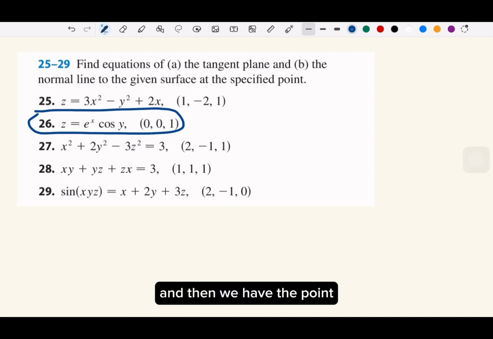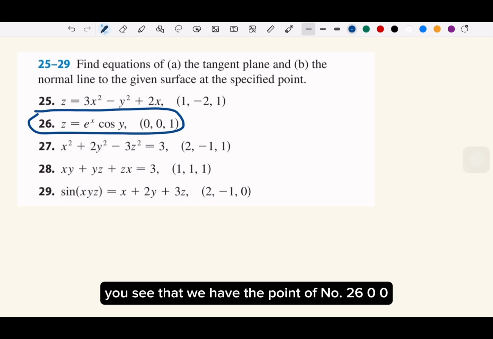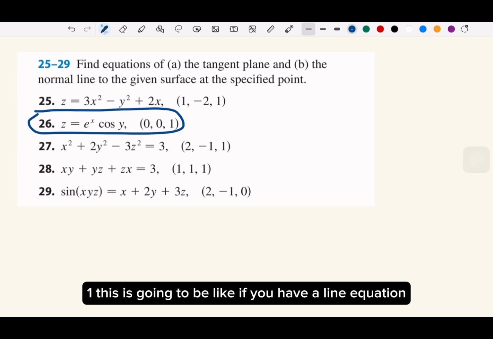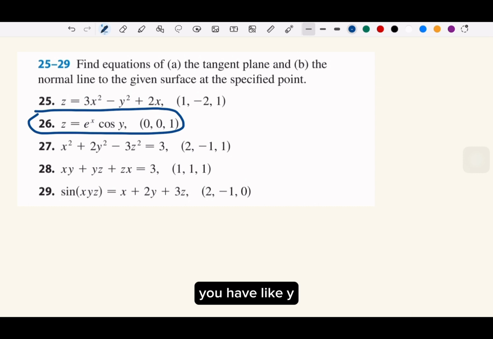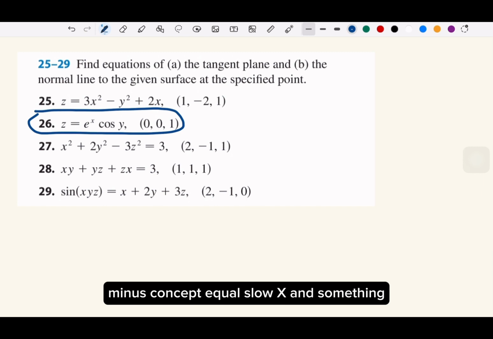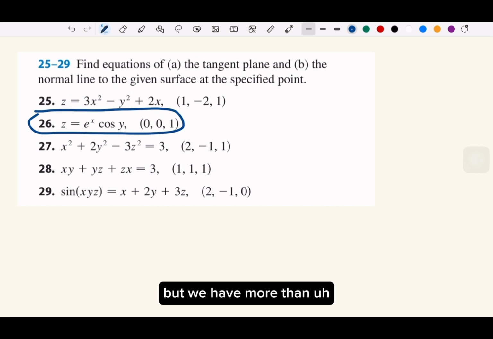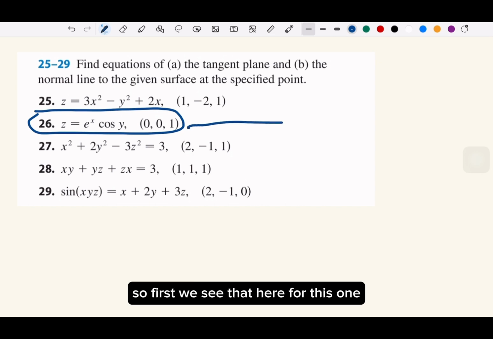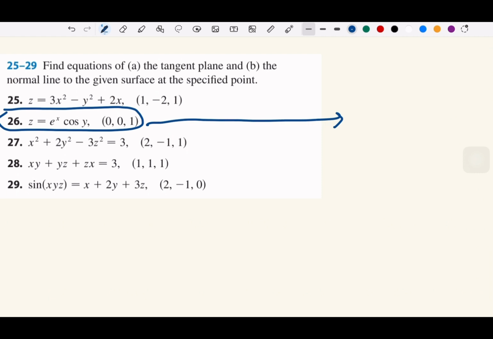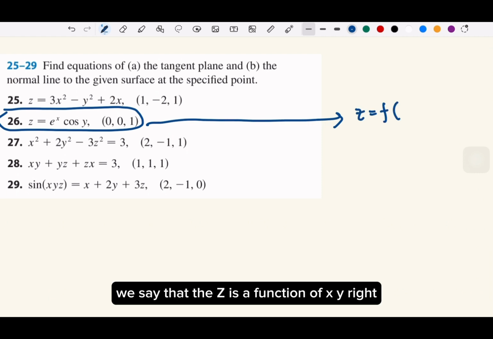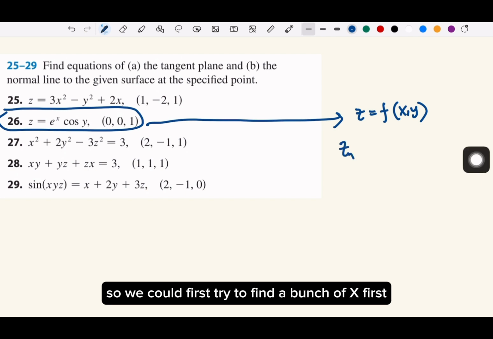And then you have the point, right? You see that we have the point in number 26, (0, 0, 1). This is like a line equation, where you have y minus a constant equals the slope times x minus something. Right? So we are writing something similar to that, but with more variables. So for this one, z is a function of x and y, so we first find partial x.